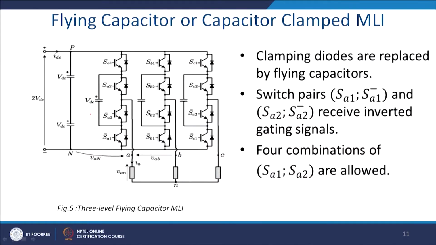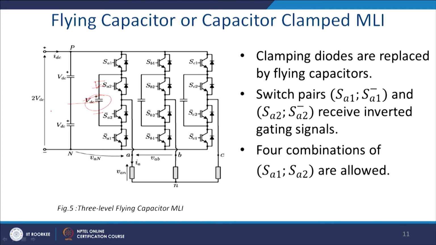Instead of the two diodes connected in anti-parallel fashion, you have only one capacitor, and thus component count is one of the biggest advantages here.